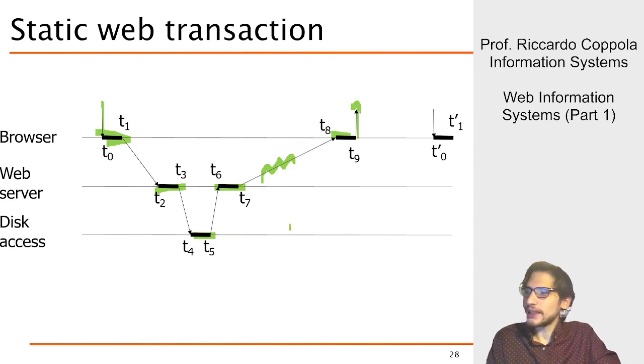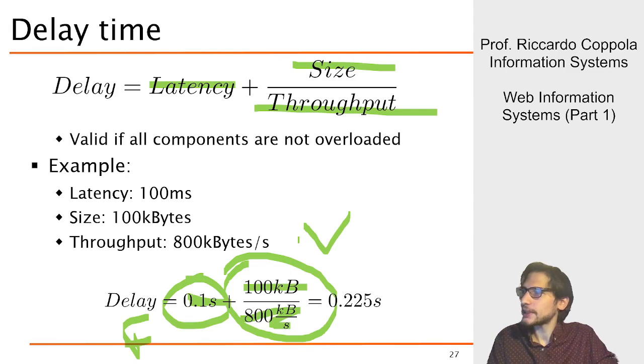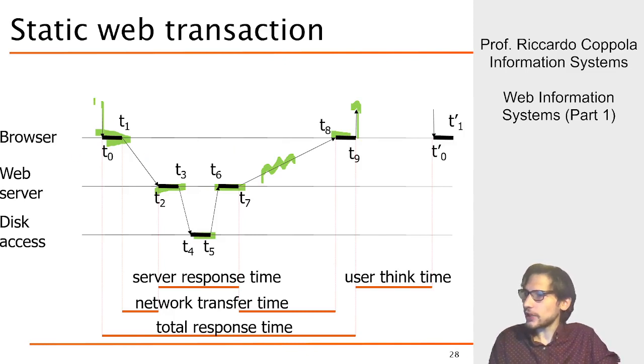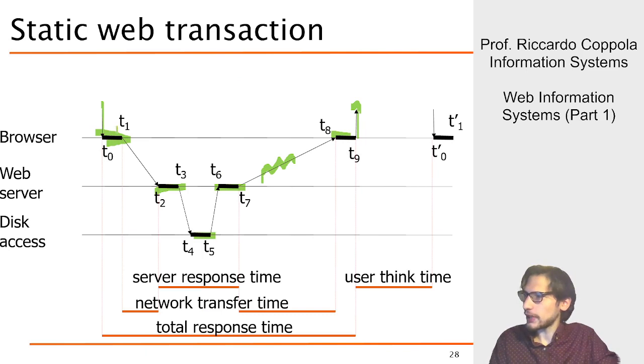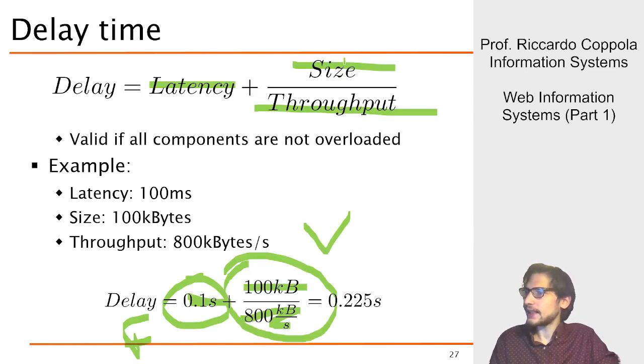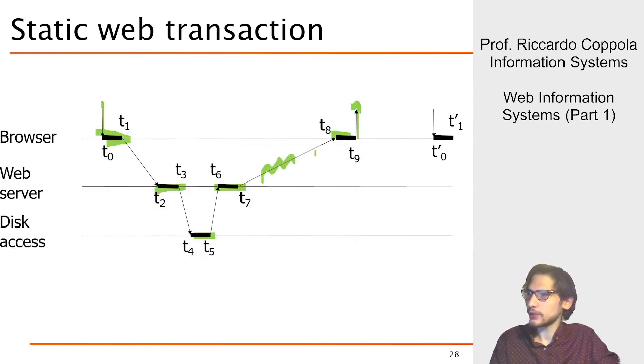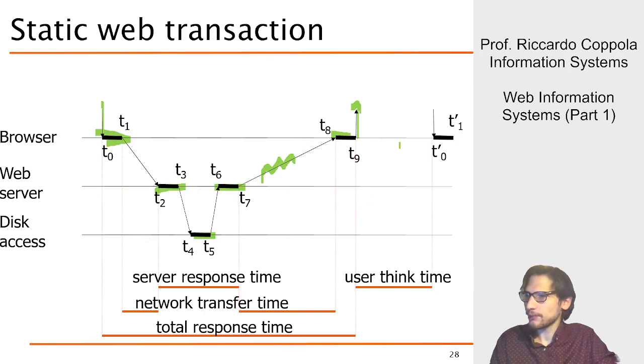Of course, this is a decomposition of all the times. In general, these times, in the simplest definition, we can consider a latency which includes all the elaboration time, this and this, and a part which is this one, size over throughput, which is the transmission time.